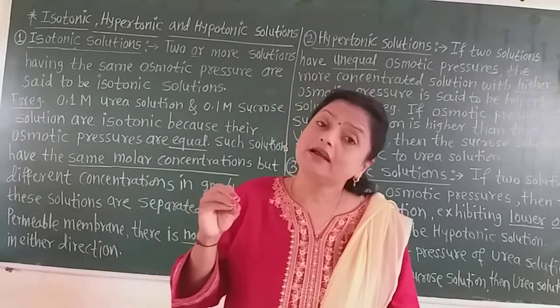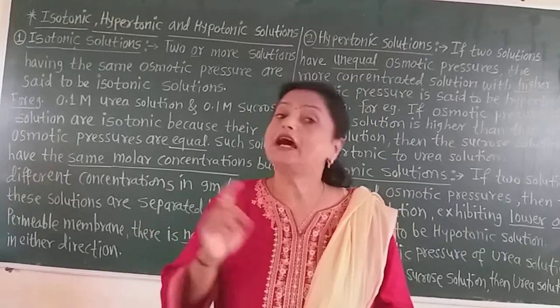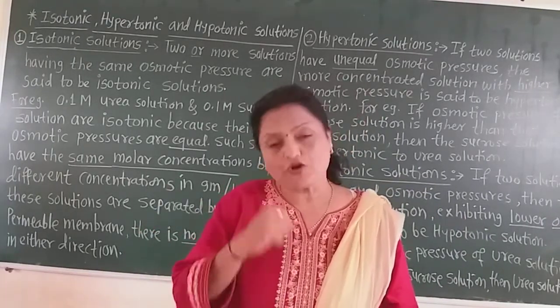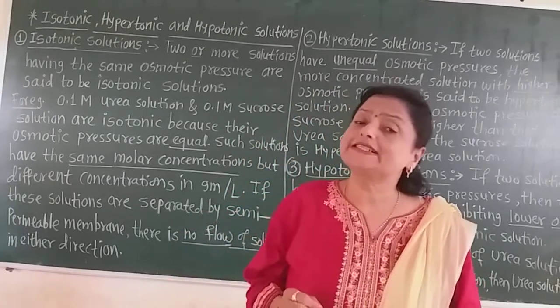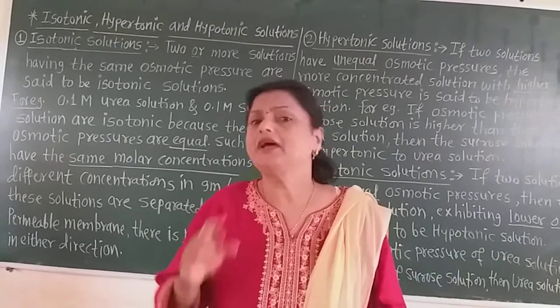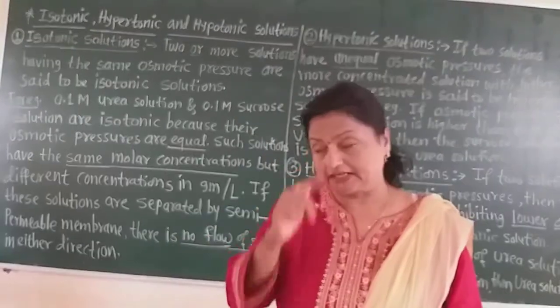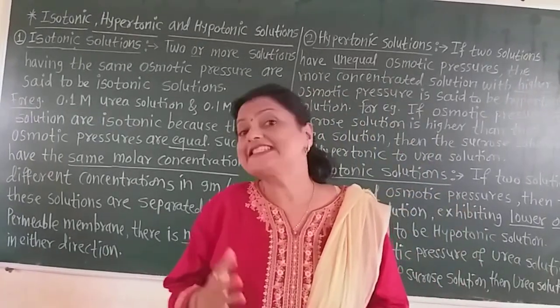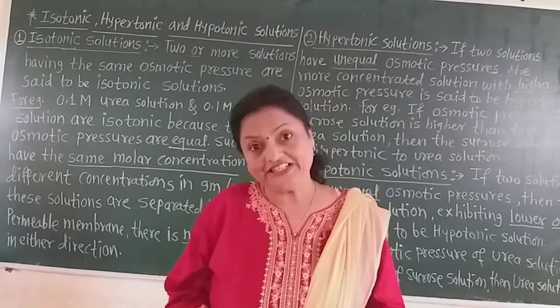That means their concentrations in grams per liter are different, but both solutions are 1 molar. So the isotonic solutions have the same molar concentration but different grams per liter concentrations, remember that. And they exert the same osmotic pressure and therefore they are isotonic with each other.